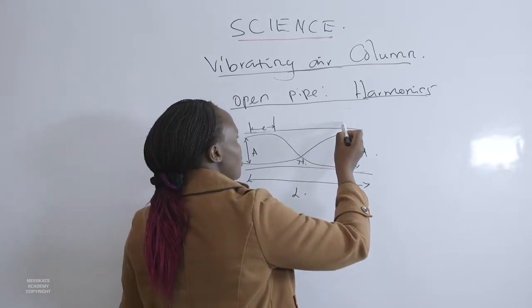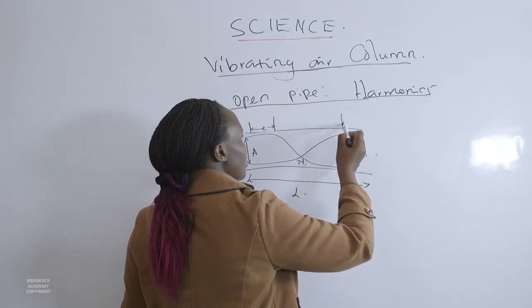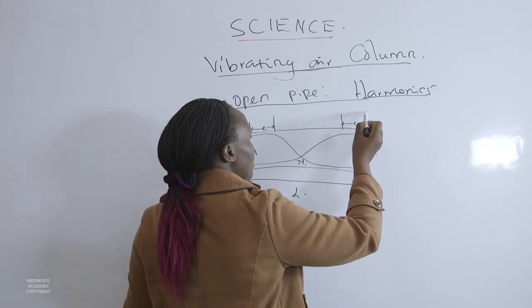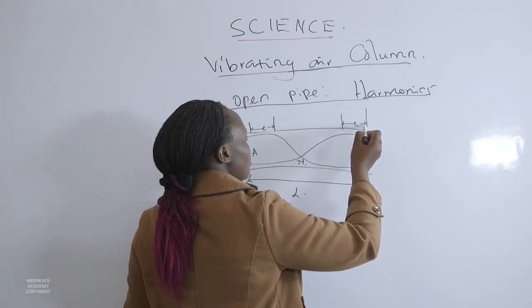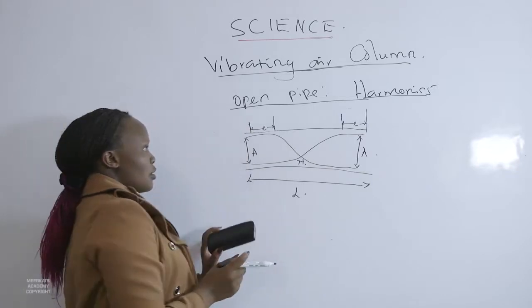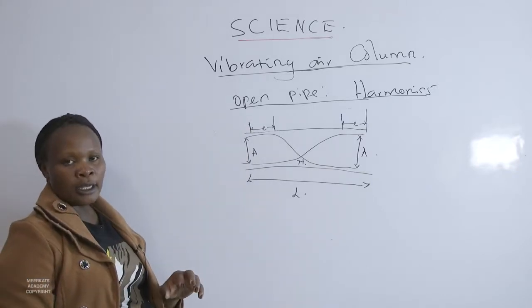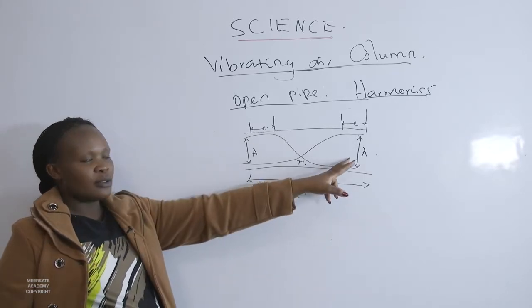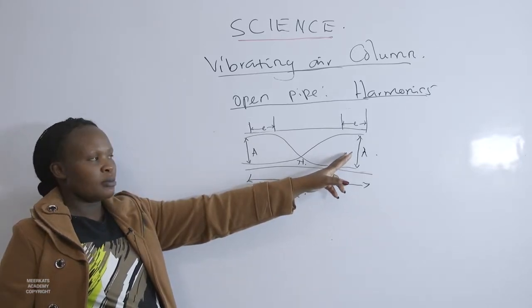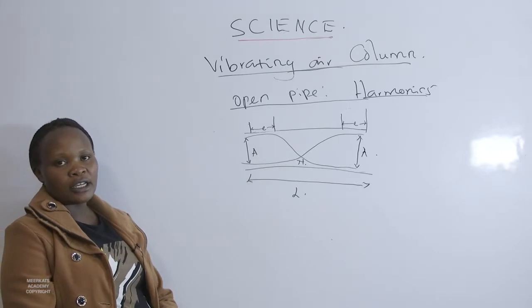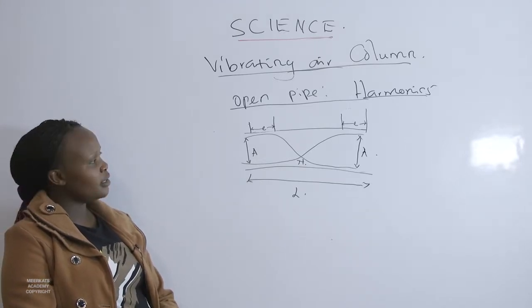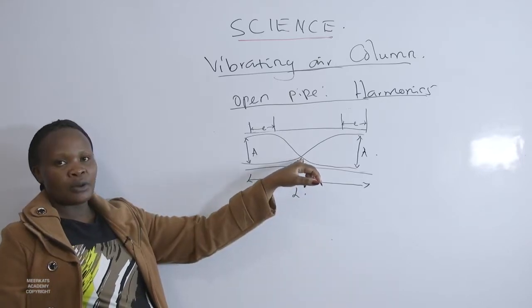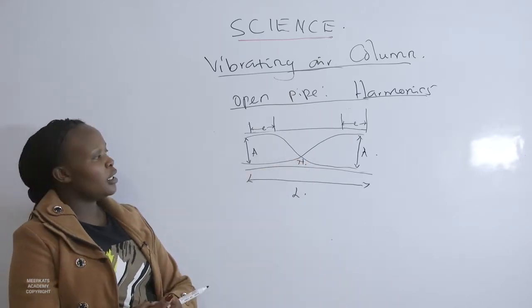The other end is also open, so we introduce an end correction also, so that we have 2E. Now, at the ends, we have maximum air displacement, areas of antinode. At the center of the wave is where we have the node.